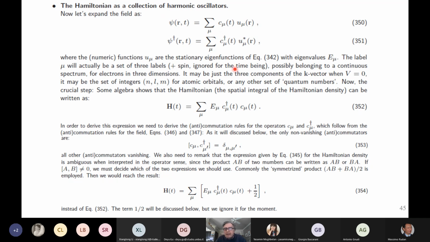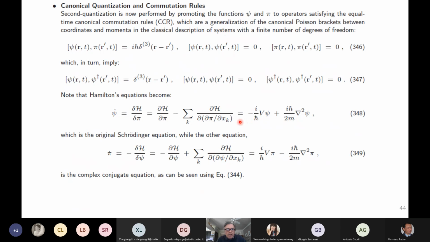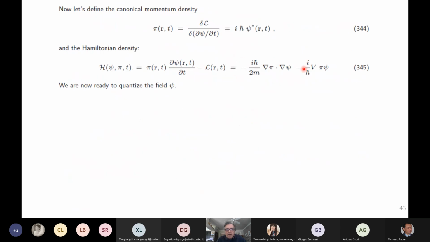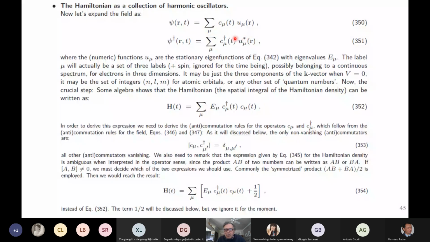Now, and this is an exercise that I don't know if I posted already as a homework assignment, I will give it. If I plug these expressions into my expression for the Hamiltonian densities, okay? Remember that i h bar gradient pi is equal to grad of psi dagger, and this will become i h bar psi dagger because of this relation between pi and psi dagger. I can use the orthogonality of these u's.